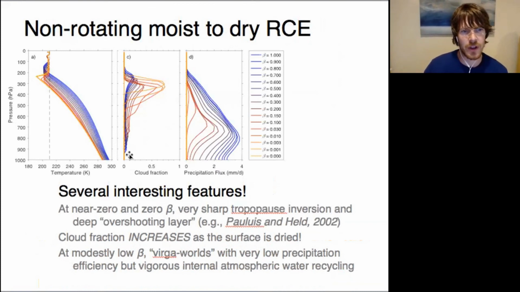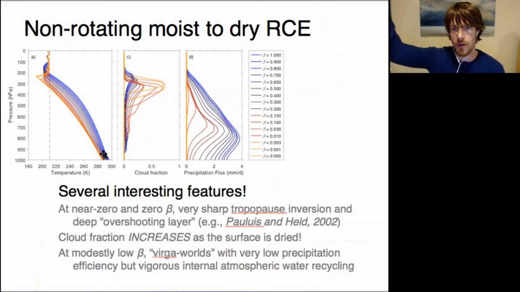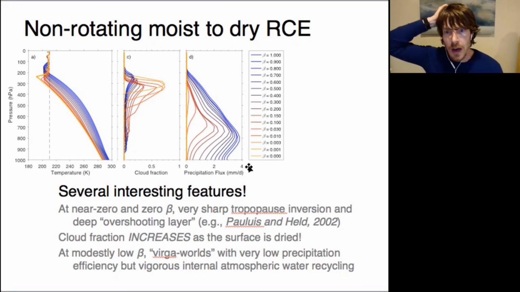What happens generally is that as you dry out the surface, the dry convective boundary layer deepens a lot. And you still have a cloud layer where there's moist convection and heat release above that, until you get to the very driest surfaces, where the near surface specific humidity is such that the LCL is above the tropopause.